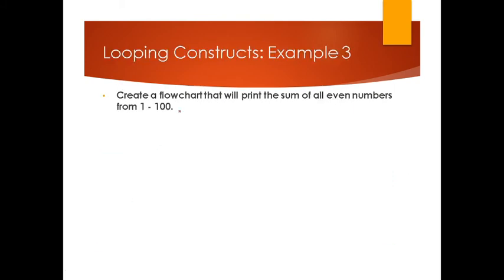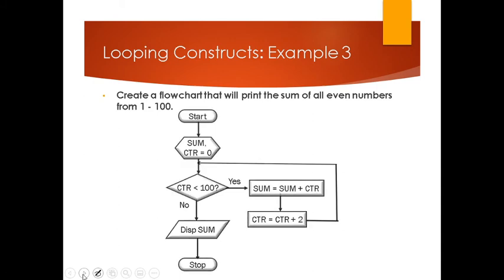This one. Create a flowchart that will print the sum of all even numbers from 1 to 100. So, let's see. I initialize two variables. We have sum. We also have the control or the CTR.